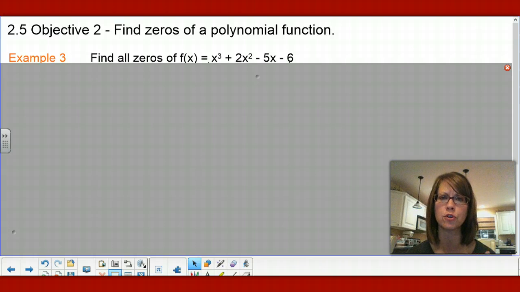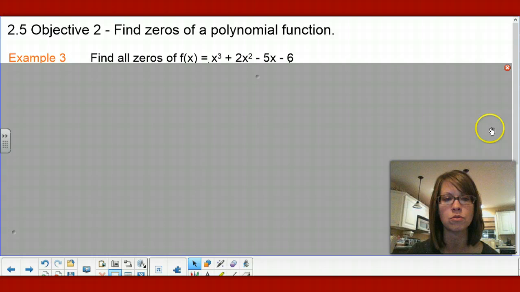They gave you a value, and then you went through the process of finding the other zeros if you know that value. All this does is add one step to that. You now have to find the first zero yourself, but then the rest of the process is going to be exactly the same.